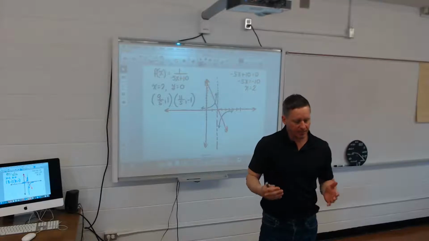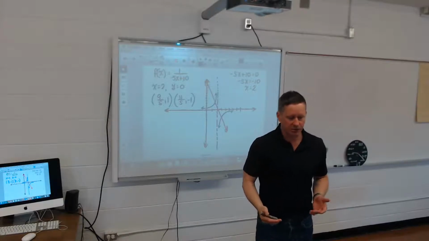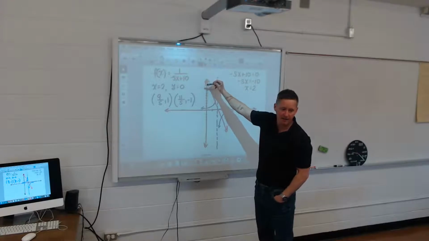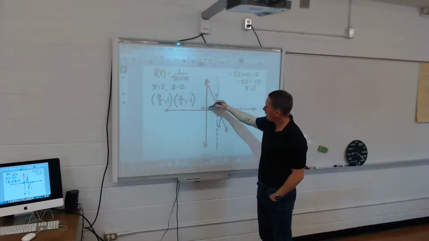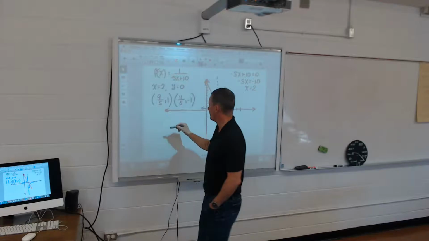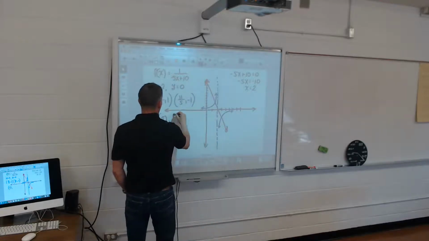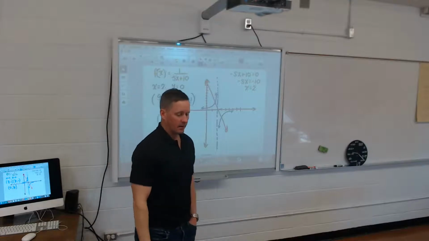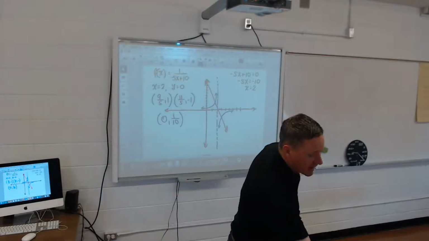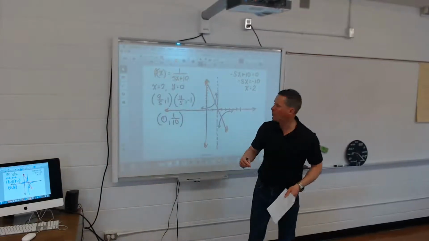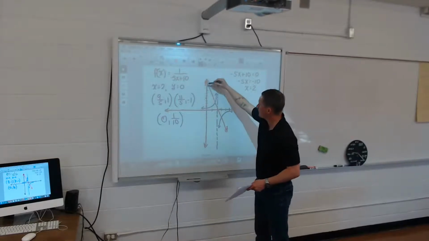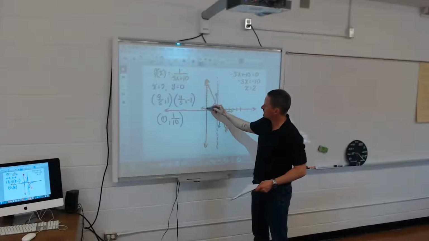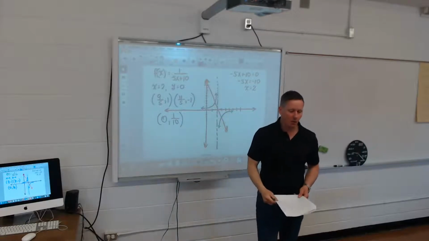I'm reciprocating all of my y values. Well, if it crosses right here at 0 and 10, then the reciprocal has to cross down here at 0 and 1 over 10. All right, that's what reciprocal is. I take 1 over all of my y values off of this red line right here. So my y-intercept down here is 0 and 1/10.